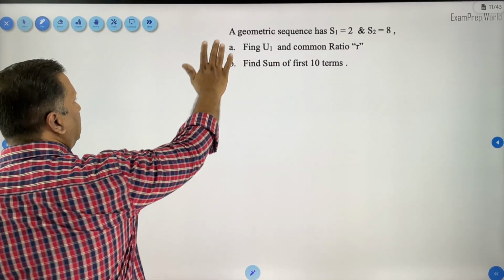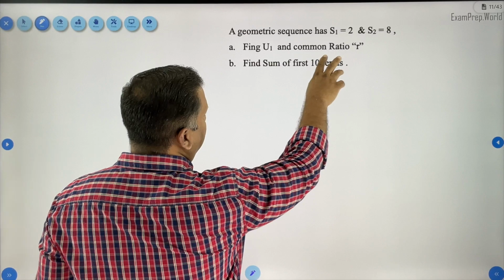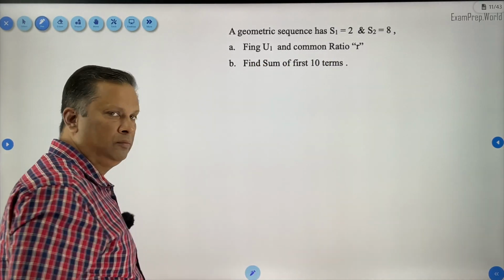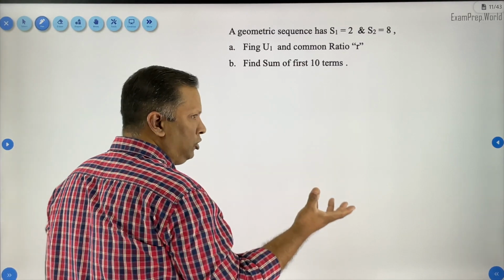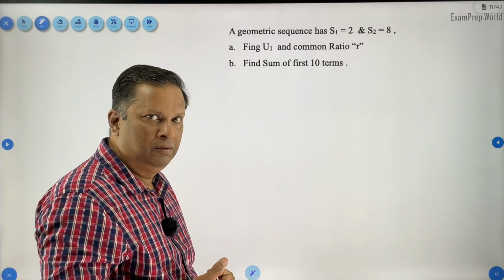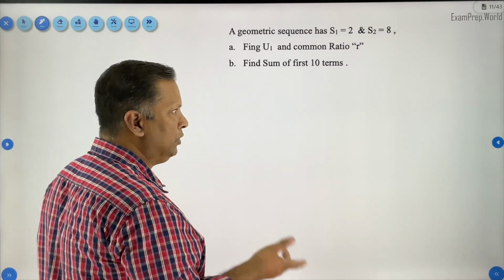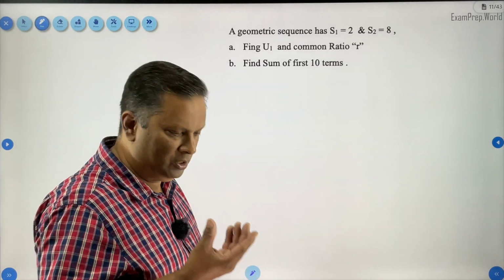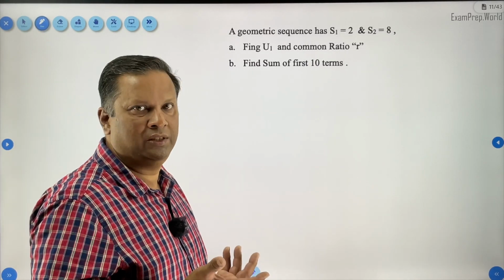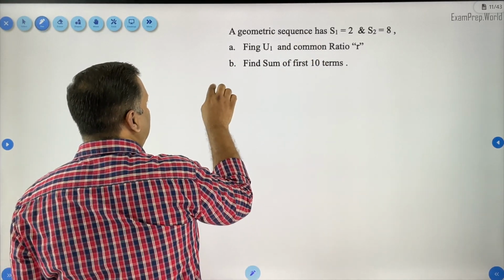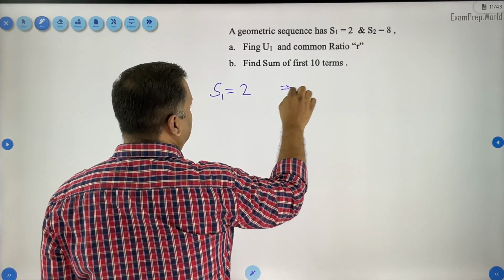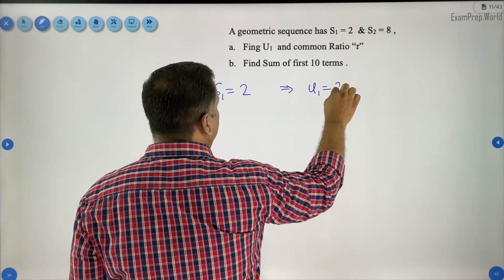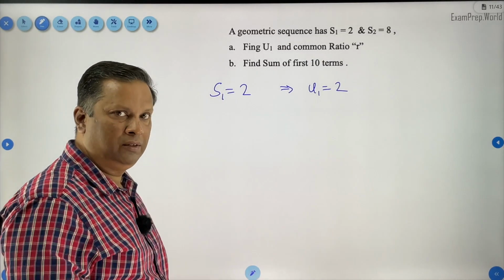Here they have given a geometric sequence: S1 is 2 and S2 is 8. Now tell me with logic, the first term and its sum are the same thing, right? So S1 and U1 will be basically the same, because with a single term the sum is the same value. So if S1 is 2, that implies U1 is also 2, correct?